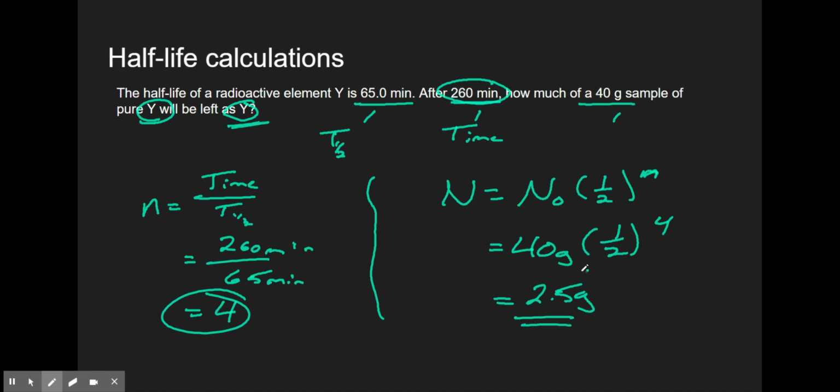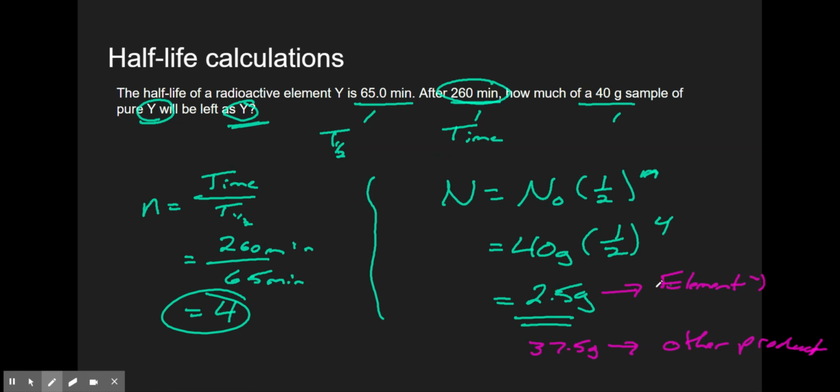What happened to the other 37.5 grams? Just to make sure everyone's clear on this, because I think in math you don't really concern yourself with that. 2.5 grams is element Y, and then the other 37.5 grams are other products of this decay.